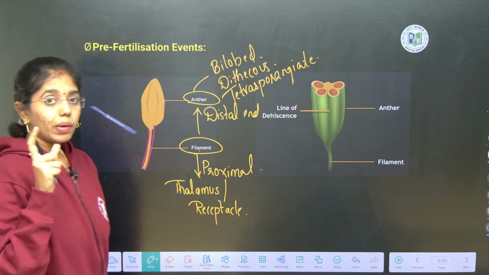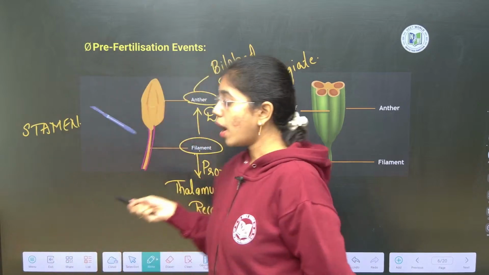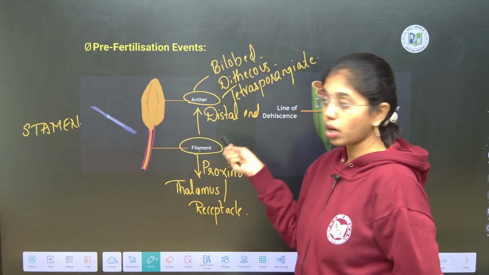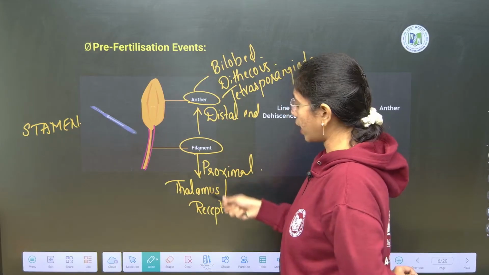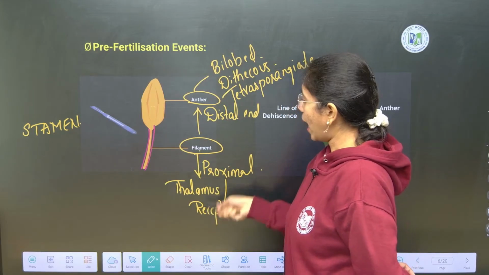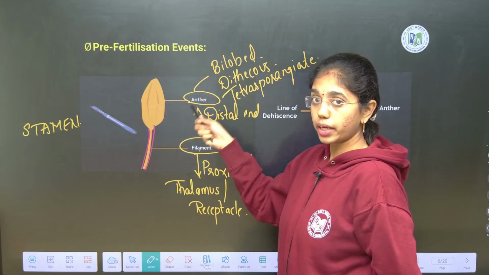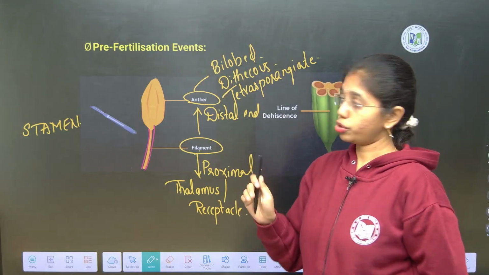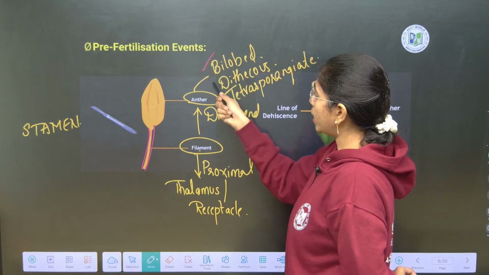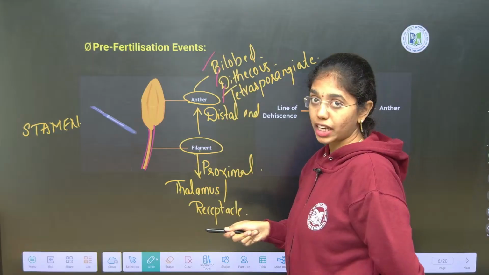So, each stamen will consist of what? A long thread-like structure called the filament. The proximal end of the filament is connected to the thalamus or receptacle and the distal end is connected to the anther. Most of the anthers in angiosperms are bilobed, dithecous and tetrasporangiate.